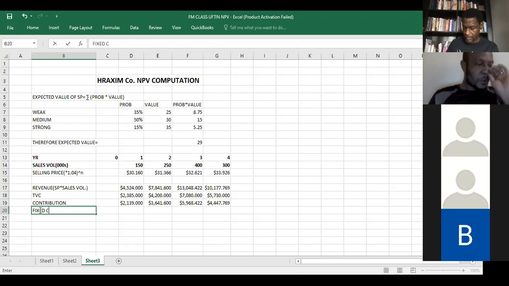So our fixed cost, they said our fixed cost is what? 400 in current price terms. Inflation 10%. So fixed cost will now be equal to, so we can put that multiplied by 1.10 raised to the power n.